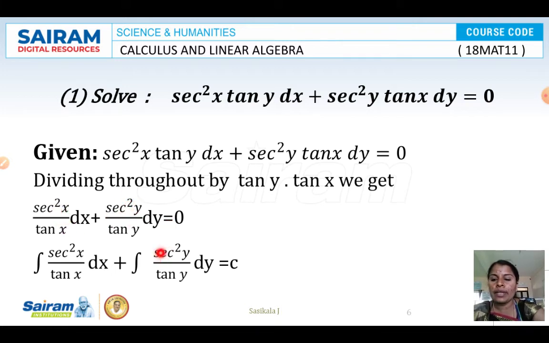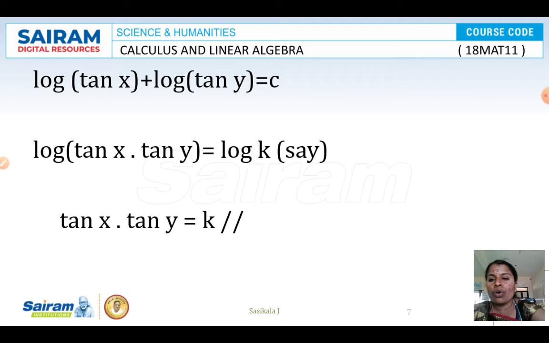So we integrate on both sides. The derivative of tan x is secant squared x, and of tan y is secant squared y. The derivative of the denominator is the numerator, so the integral is the log of the denominator. So log of tan x plus log of tan y equals c.